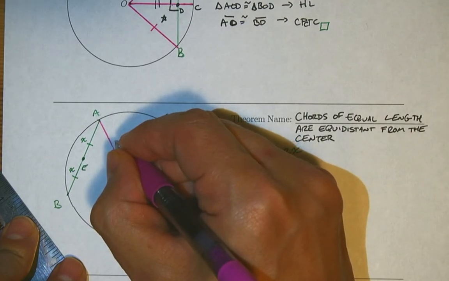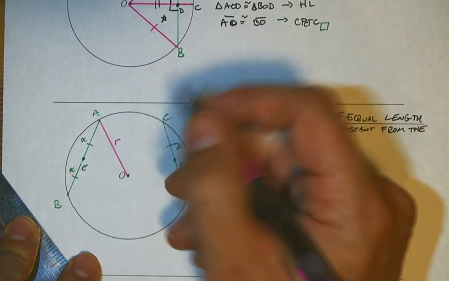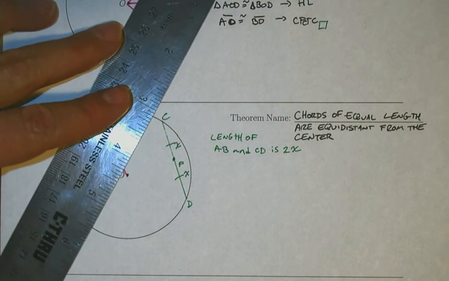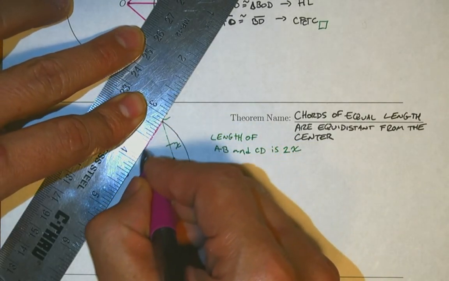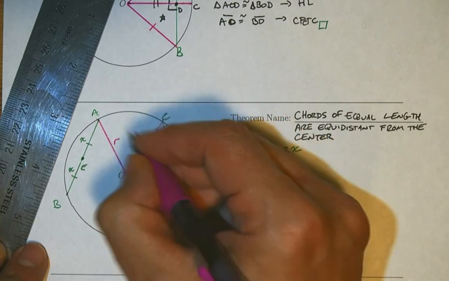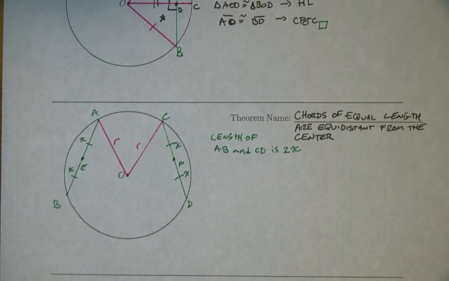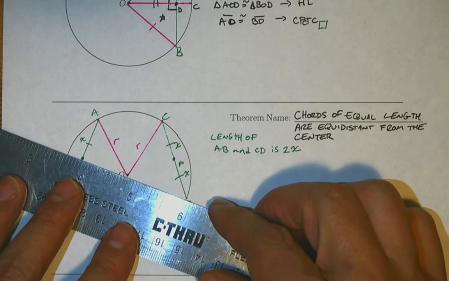OA, there's a radius OA. That's going to have length R. And we're going to draw in OC. That's also going to have length R. And then we're going to draw in the segment that goes to the midpoint.